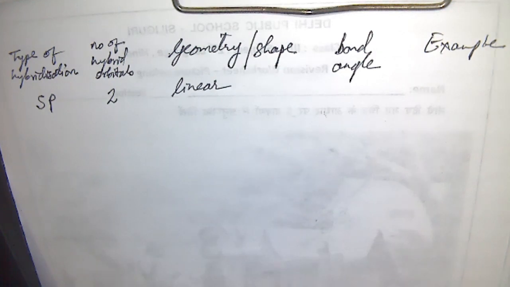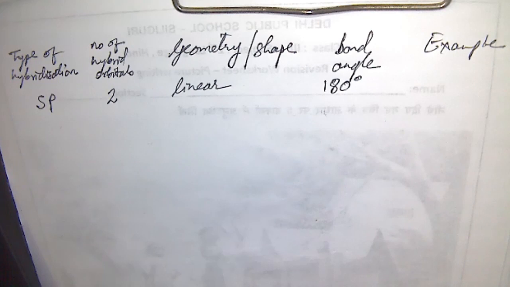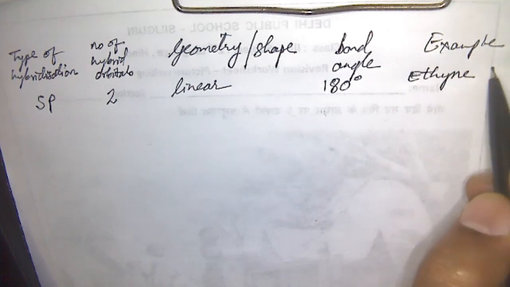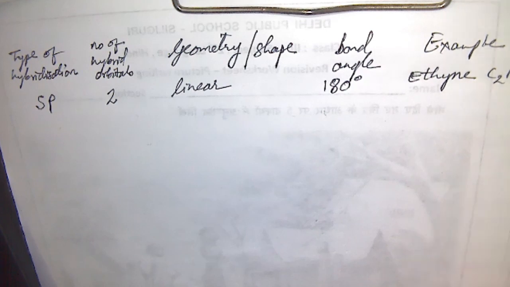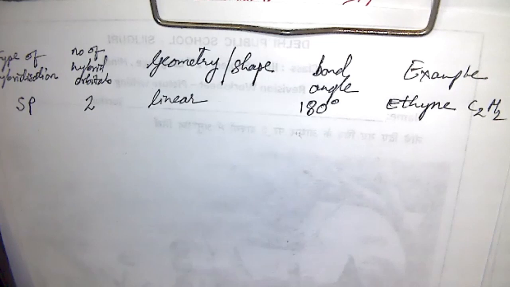It will always be in a straight line. And since it is a straight line, what will be the angle? Straight line, you know the angle. The angle will always be 180 degrees. Linear means 180 degrees. And one example where you find sp hybridization is ethyne, C2H2. Clear?